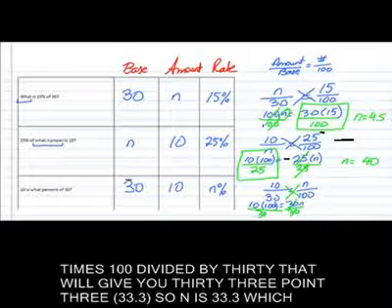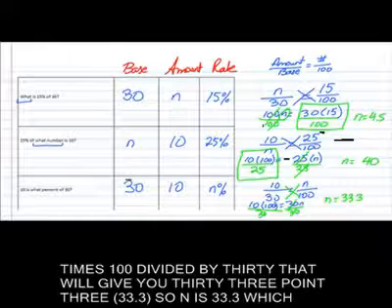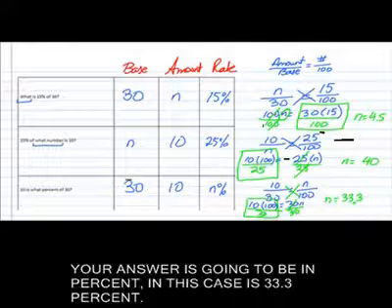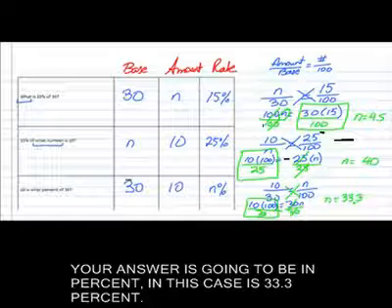That will give you 33.3. So n is 33.3, which happens to be this number. And let's answer that. Since they are saying what percent, that means your answer is going to be in percent. In this case, it's 33.3%.